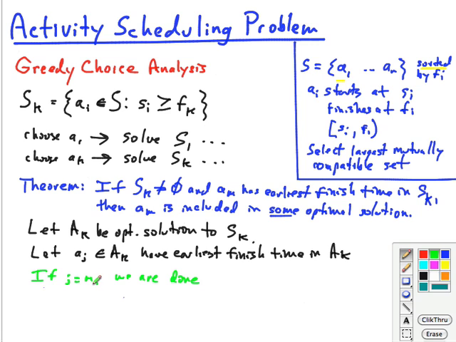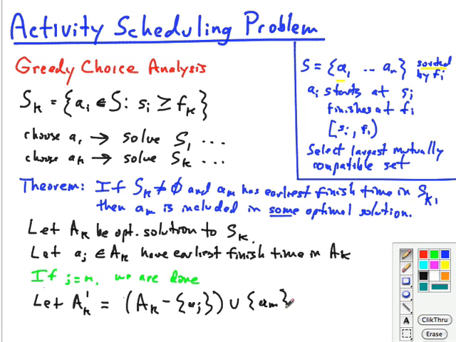So the difficult part, of course, is when they're not equal, when there's some other item, a sub j, in the optimal solution. Well, we can just do a cut and paste construction. So otherwise, we're going to construct a new optimal solution, A prime sub k, which is going to consist of the original optimal solution minus a sub j, but replacing it with a sub m.